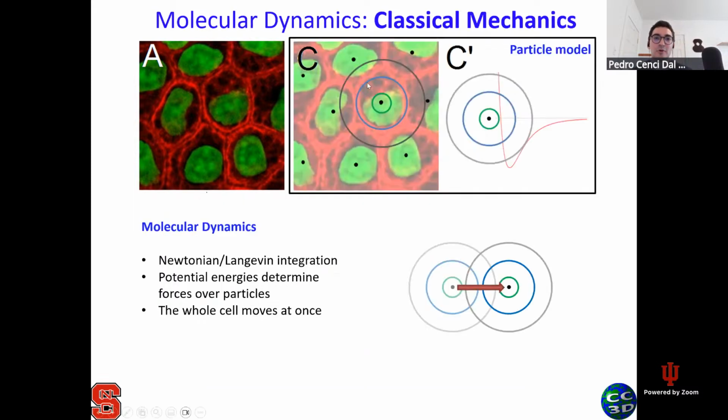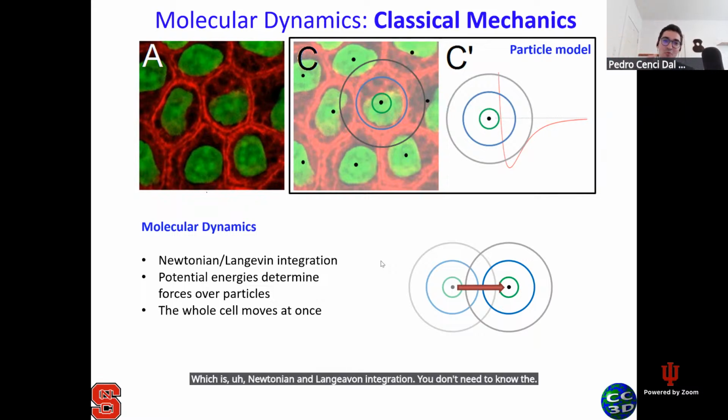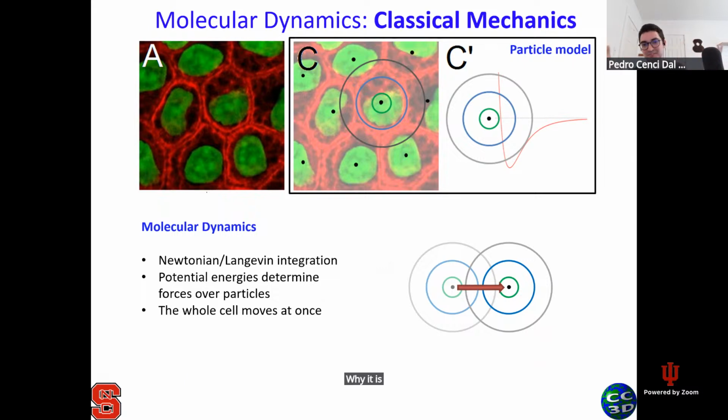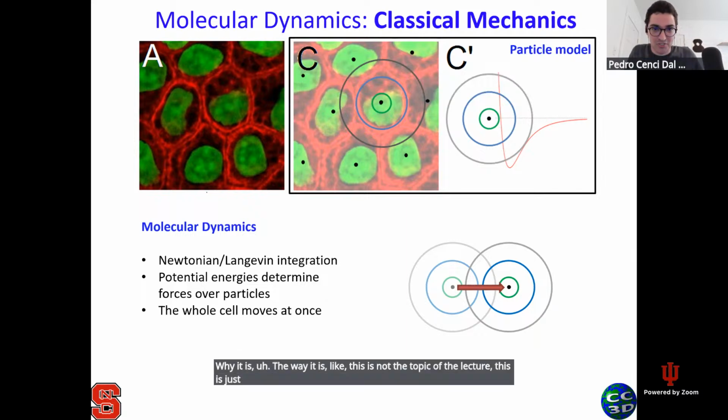In the case of molecular dynamics, here they use classical mechanics, which is Newtonian and Langevin integration. You don't need to know why it is the way it is. Like, this is not the topic of the lecture. This is just showing how it works on other frameworks.